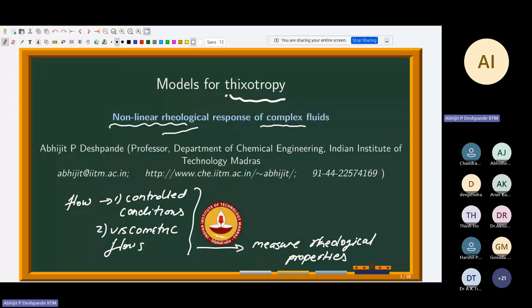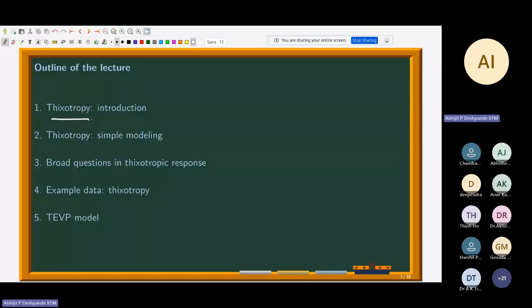The idea of models is to be able to describe this behavior and property in a more quantified manner. And so in this lecture, first I will introduce thixotropy, so that we can at least write down some of the basic things that are required for us to say that a material is thixotropic.